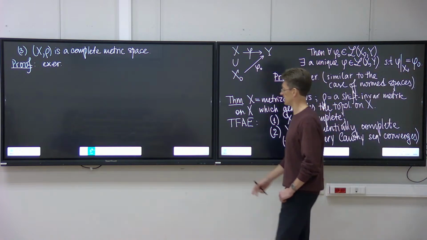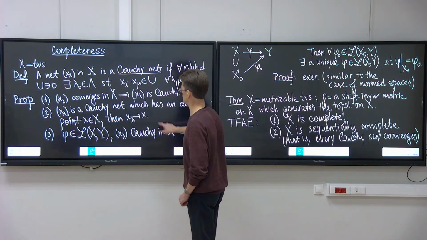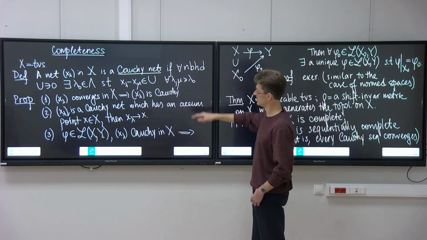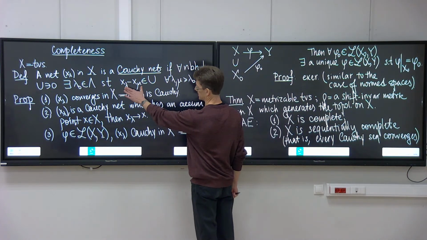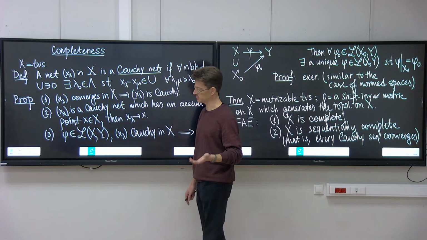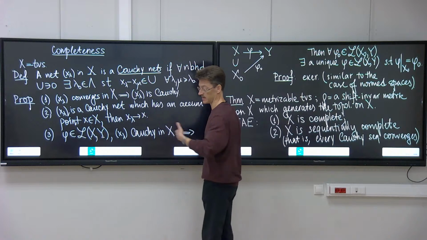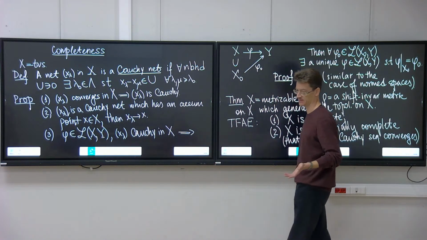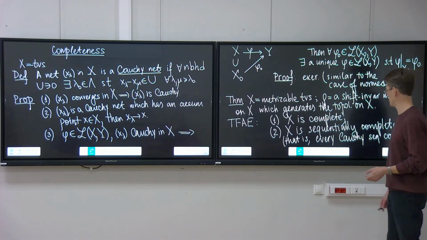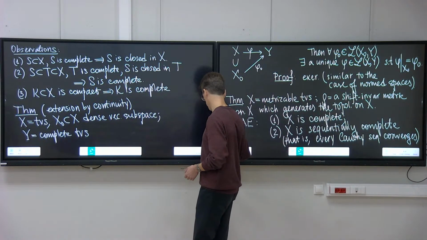So if we look at our definition of a Cauchy net, and assume for a moment that this is not just a net but a sequence, this means that if lambda and mu are big enough, then this difference belongs to U. But if U is a ball, say of radius epsilon, this means exactly that the distance between x lambda and x mu is less than epsilon. And we get the usual definition of a Cauchy sequence for the metric rho. So this implies that 2 and 3 are equivalent.